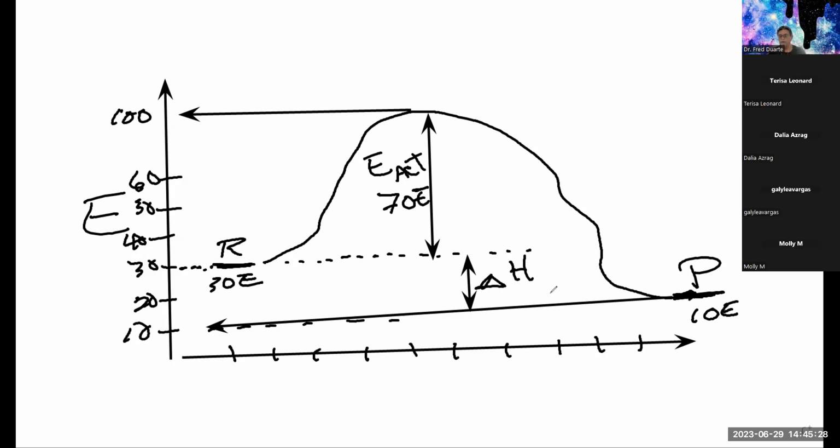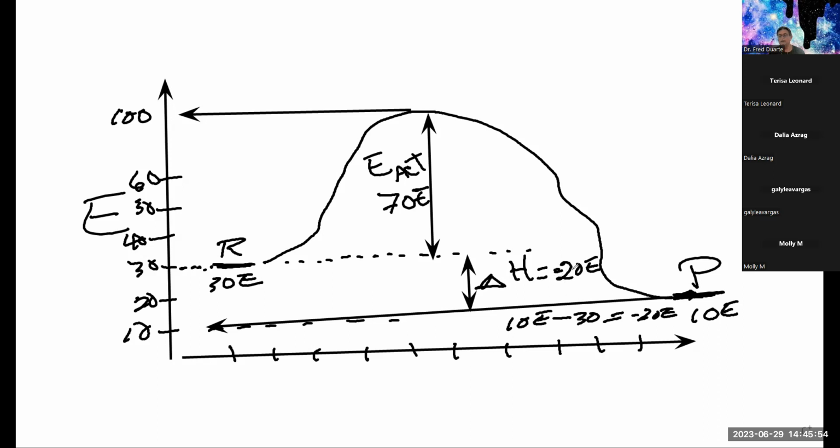We ended up at 10 units of energy and we started at 30. So 10 minus 30 is negative 20 units of energy. And that is what delta H is. That is the energy of this reaction, okay, negative.